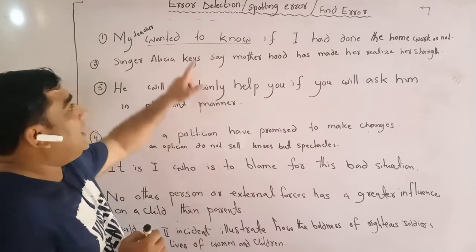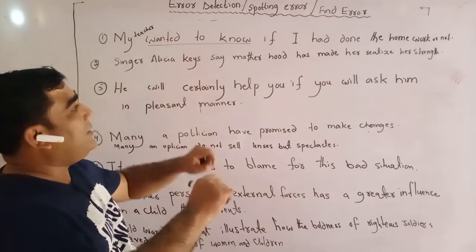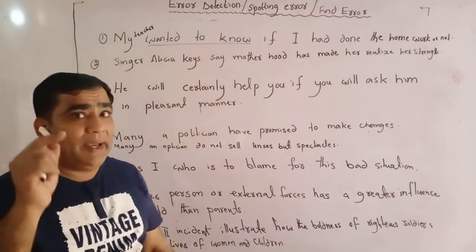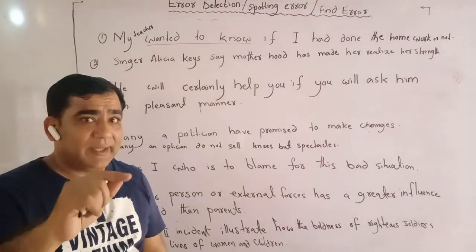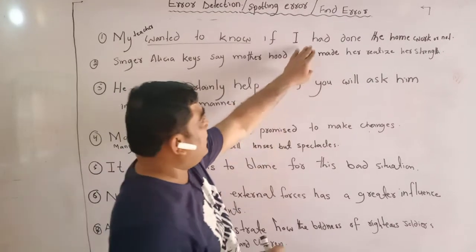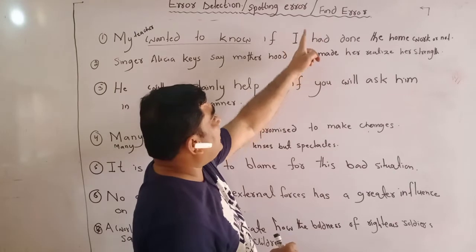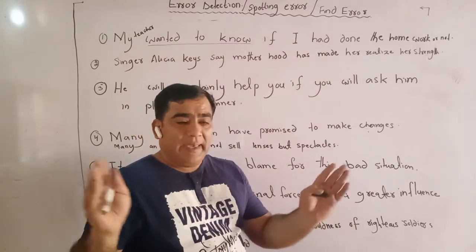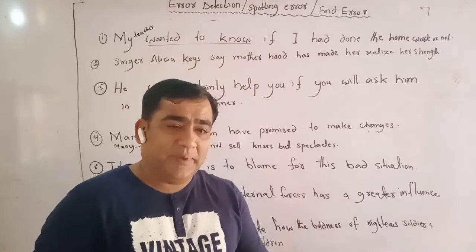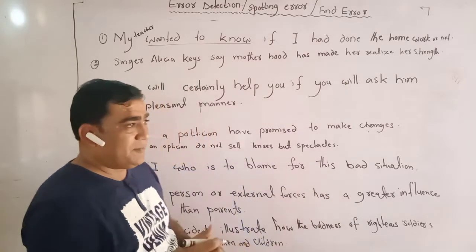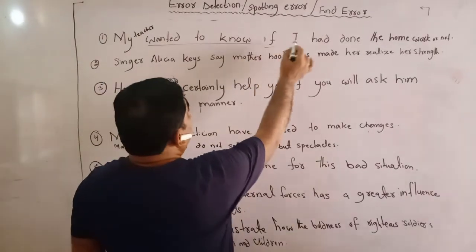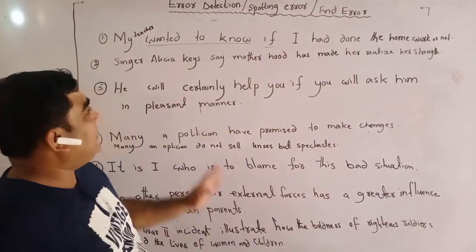If this sentence were in direct speech, it would be an interrogative sentence, and the reported speech would be an interrogative starting from a helping verb, right? And whenever we change direct speech to indirect speech in that kind of sentence, we use if, right?